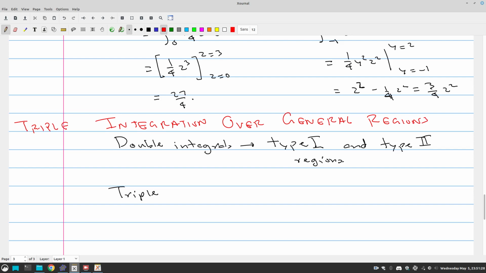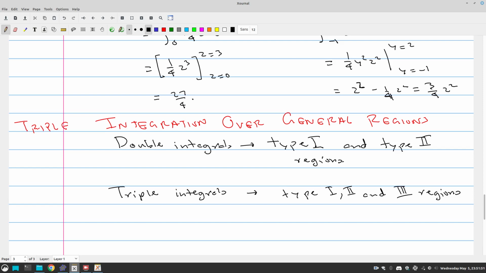So we had type 1 and type 2 regions, right? And with triple integrals, you're going to have type 1, type 2 and type 3 regions, right?